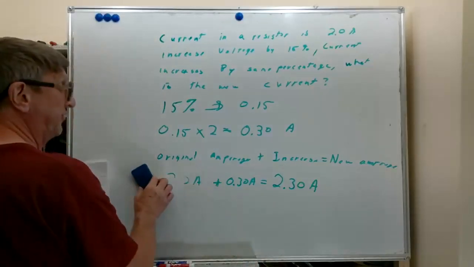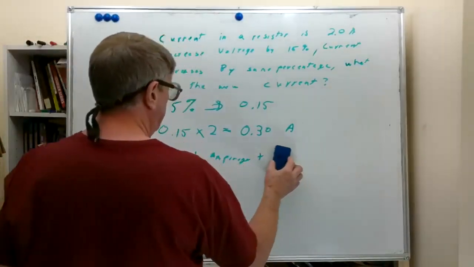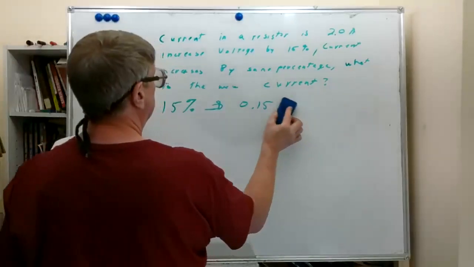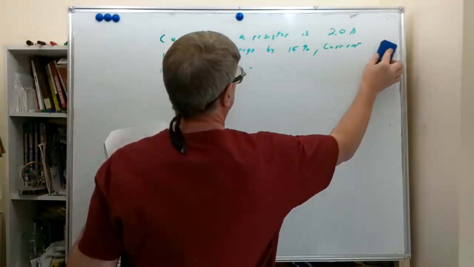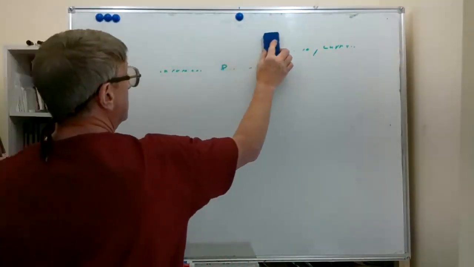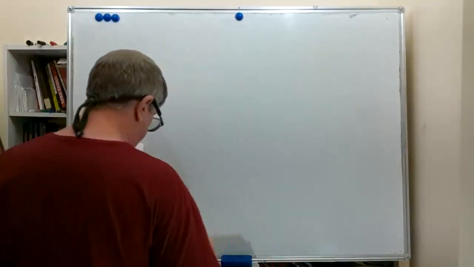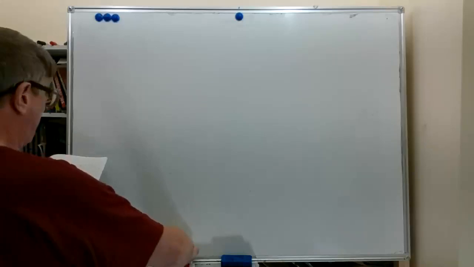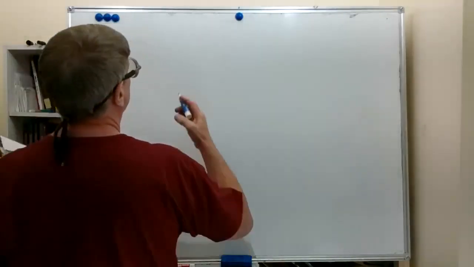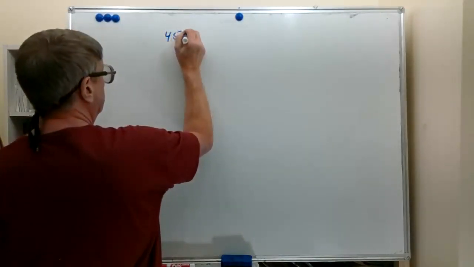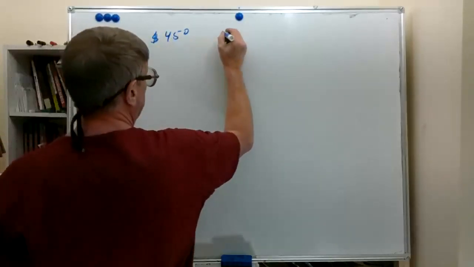Got another price type example. We have a store that's discounting a $450 mountain bike by 1/3. $450 discounted by 1/3.